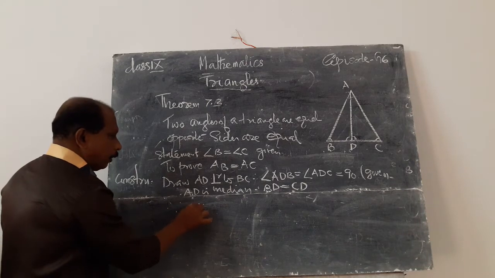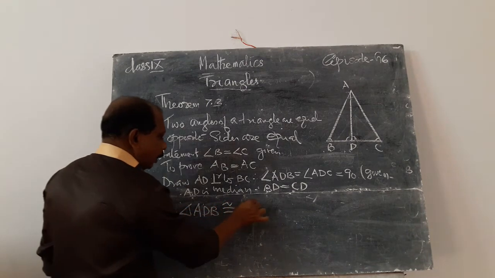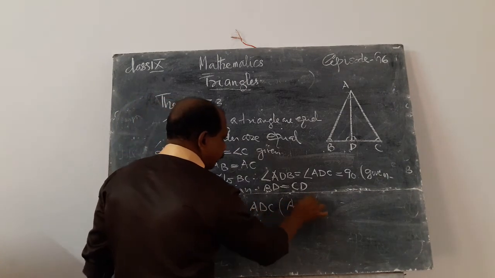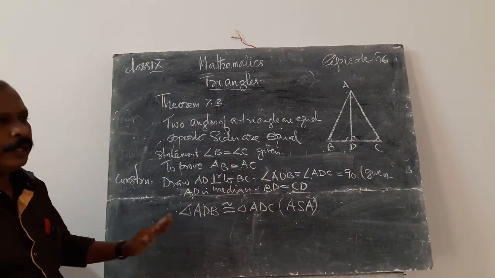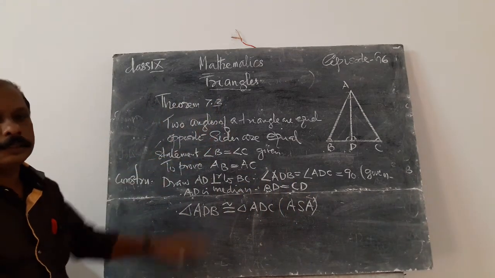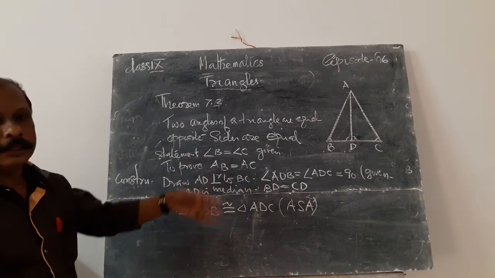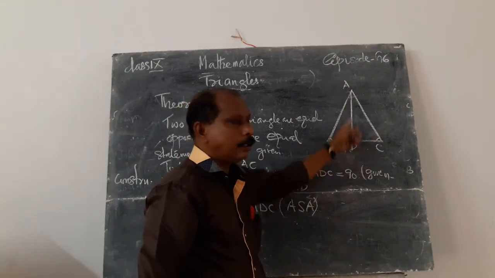Therefore, triangle ADB is congruent to triangle ADC, by the angle side angle criteria, or side angle side criteria, or angle angle side criteria. These two angles are equal, these two angles, and this side is common.